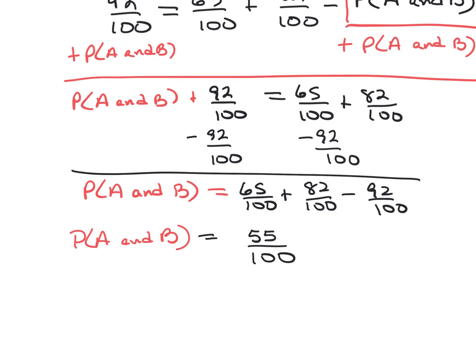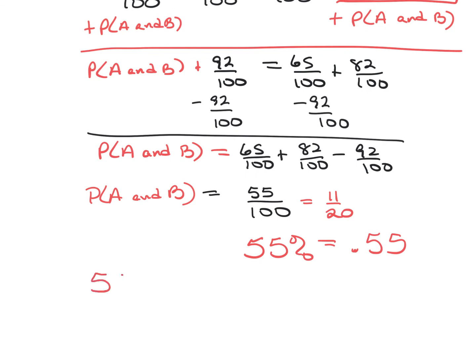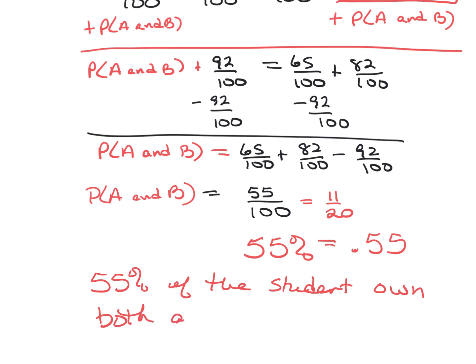Now, if they expect you to simplify it, you can reduce this to 11 over 20. We can make it a percent, 55%, or as a decimal, 0.55. So 55% of the students own both a car and a computer.